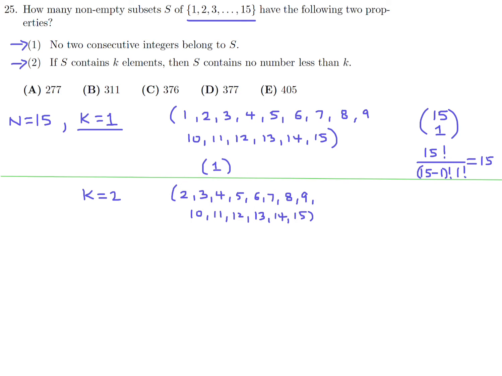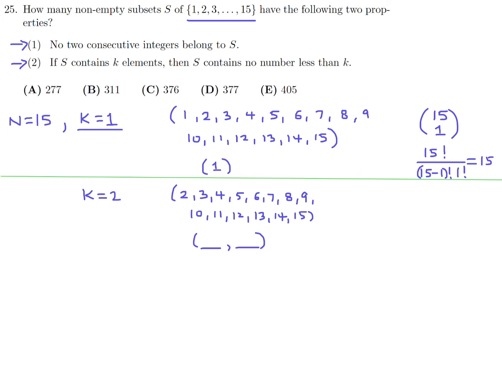So now my set has 2 numbers in it. I'm going to choose one number, and then I'm going to choose another number. And now I have to be concerned with my first rule, which is that I can't choose consecutive numbers. That's very important.